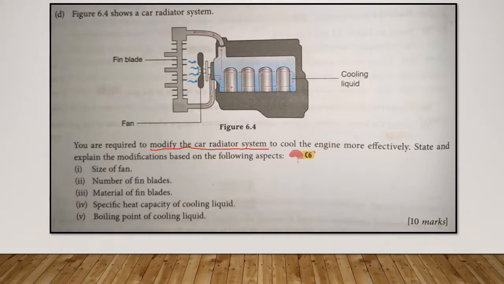State and explain the modification based on the following aspect. This question give you 5 aspects you need to explain when you do the modification.